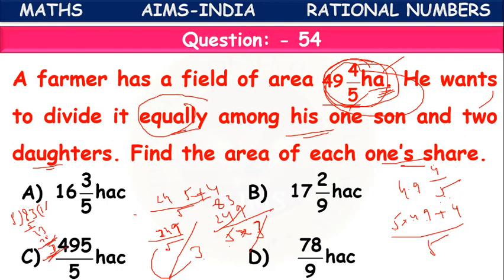If we divide with 5, we get quotient 16 and 3 is the remainder. 16 is the quotient, 3 is the remainder, 5 is the divisor. So 16 3 by 5. So A option is the right answer.